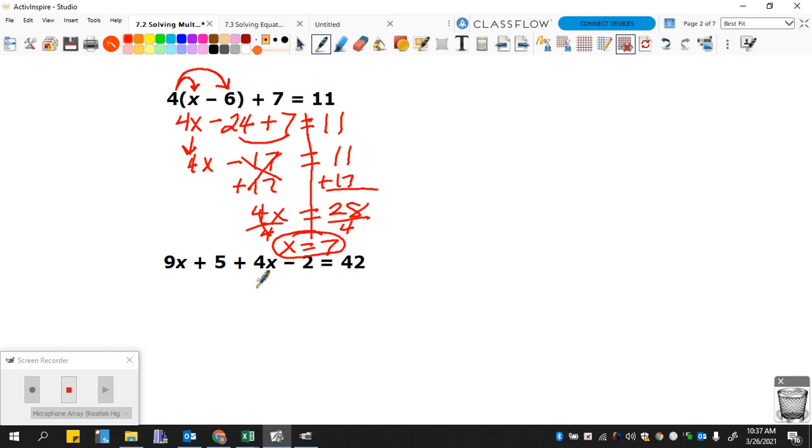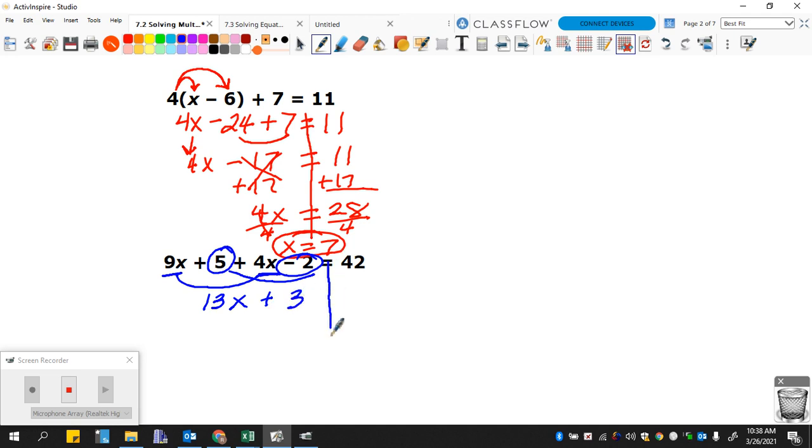The next one here is one where we don't have the distributive property because we don't have any parentheses. So we combine the 9x plus the 4x, because they're both positive. 9x and 4x is 13x. We have the 5 minus 2. 5 minus 2 is 3, plus 3.